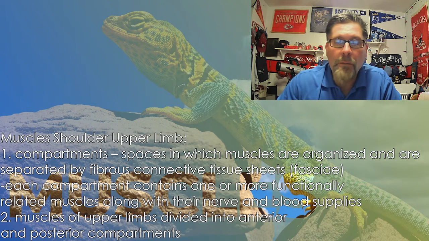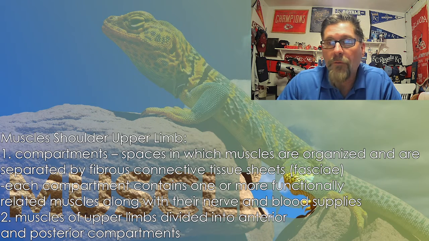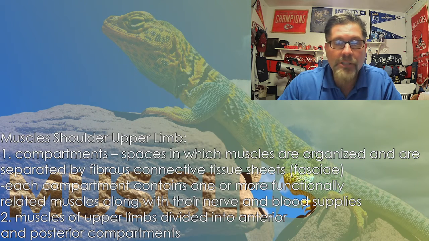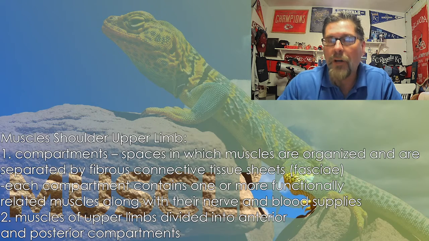In talking about muscles of the upper limb, the first thing we want to establish is that they're not truly sectioned off, but they do come in what we're going to call compartments, because that's the name of the syndrome that we're going to eventually talk about. But certainly sections, and of course you can imagine that you've got this single bone, and then the muscles are wrapped all around that, going in various directions.